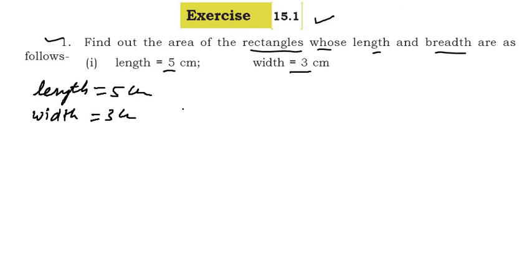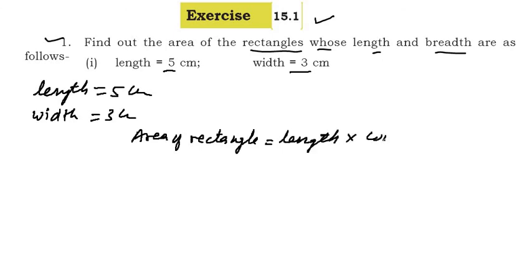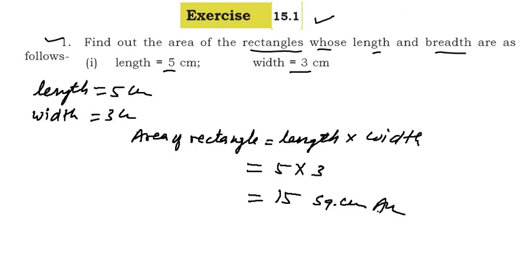So area of rectangle is equal to length into width. Length is given as 5 centimeter and width is 3 centimeter and that is 15 centimeter square. You can say square centimeter and that is your answer.